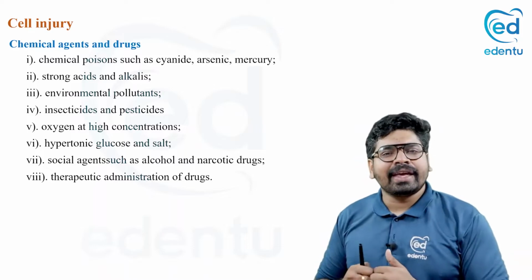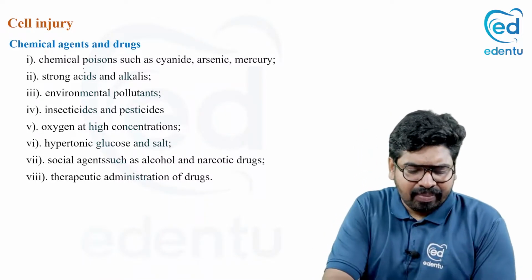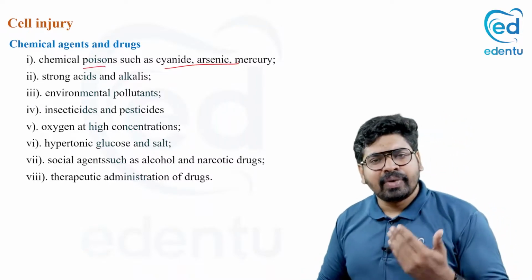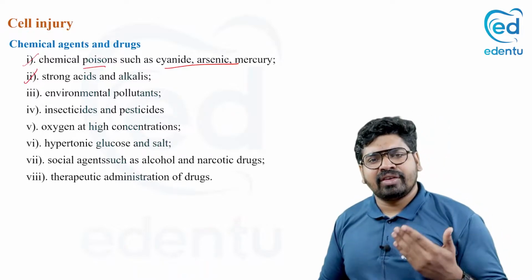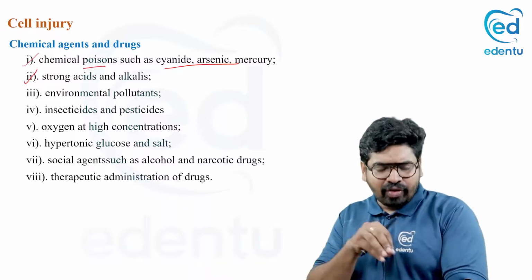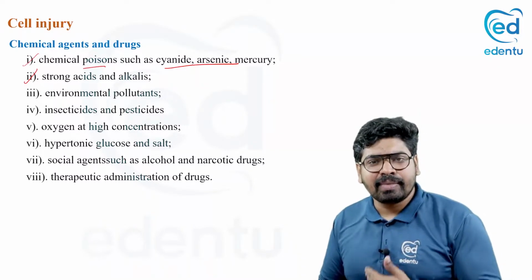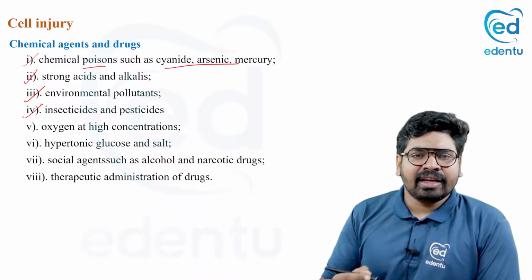Now coming to chemical agents, what are the chemical agents? Mainly poisons, I have told you, cyanide, mercury poisoning, and strong acids and alkalis like hydrochloric acid and sulfuric acid, H2SO4. If it falls on your body it can cause chemical burns. Environmental pollutants, insecticides and pesticides.